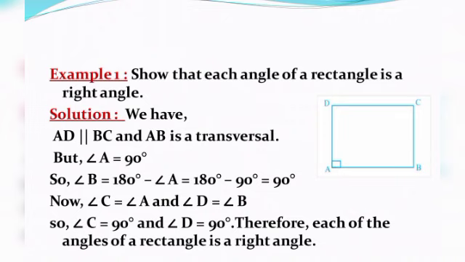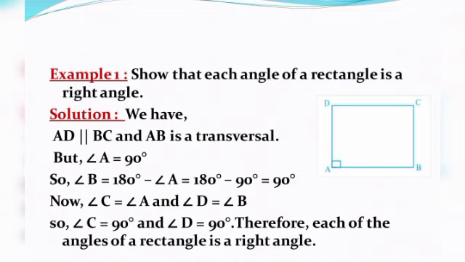Now, angle C is equal to angle A and angle D is equal to angle B, that is, opposite angles of the parallelogram. So, angle C is equal to 90 degrees and angle D is equal to 90 degrees. Therefore, each angle of the rectangle is a right angle.